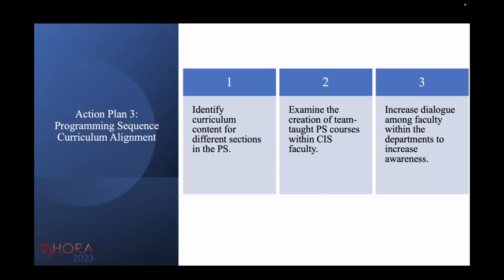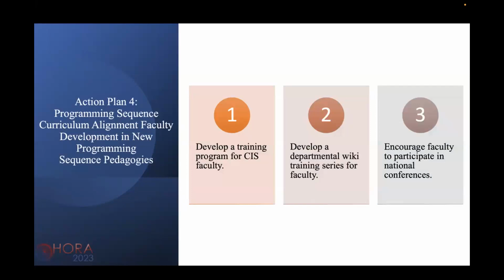The faculty made a contact between themselves, and we made the curriculum the same for all the sections of the same course. Our action plan 4 was faculty development in new programming sequence pedagogies. We developed a training system for our faculty and encouraged them to participate in different national conferences.